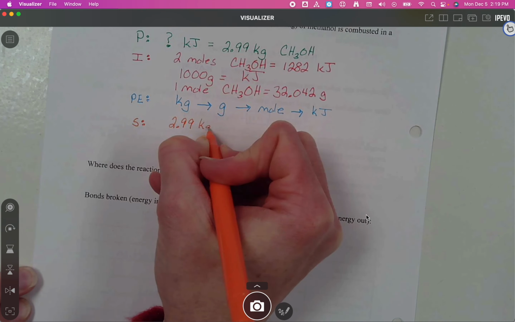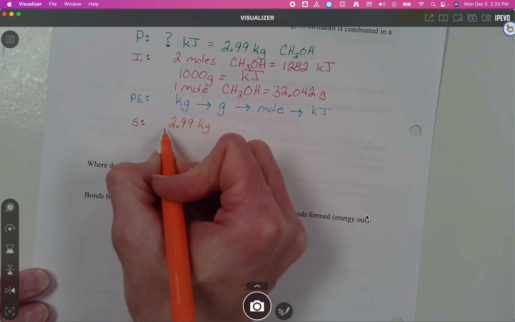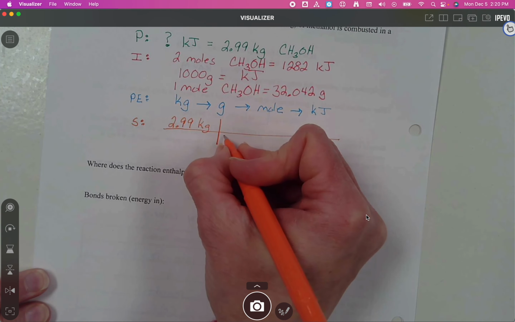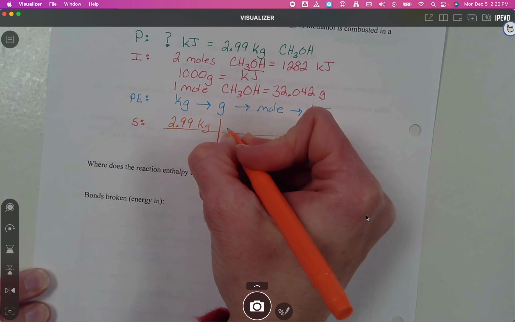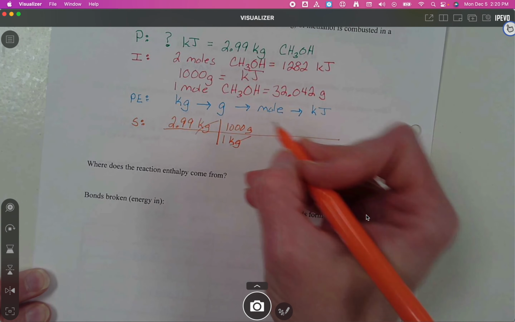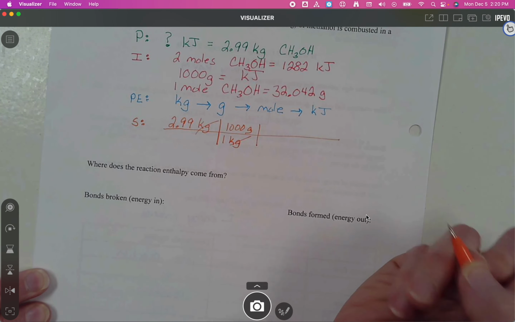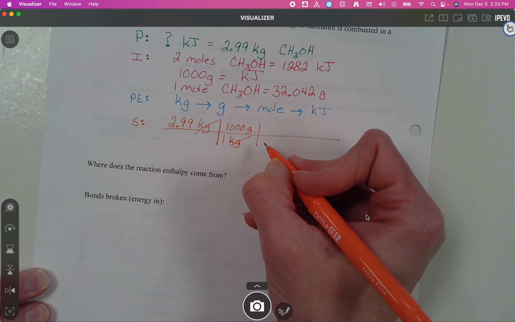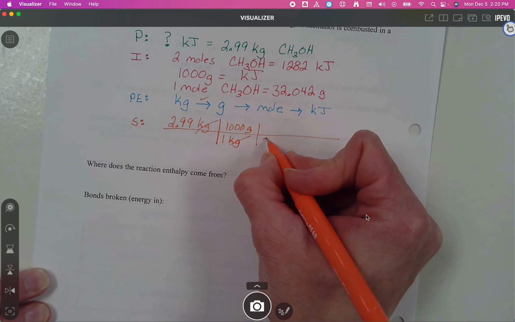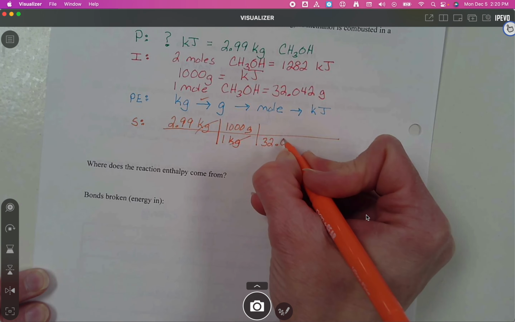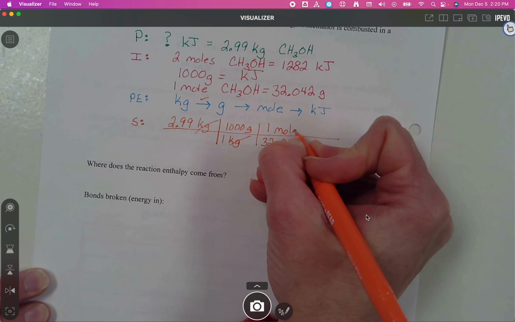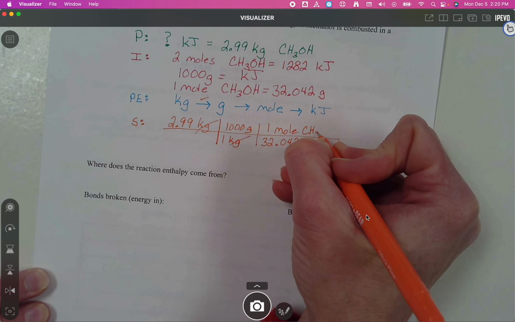Okay, so let's do exactly what I said. I've got my 2.99 kilograms. Kilogram is 1,000 grams. Then I need to go, so that takes care of that, grams to moles. 32.042 grams, 1 mole CH3OH.